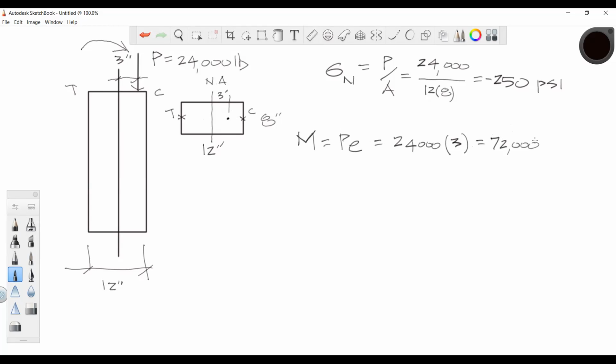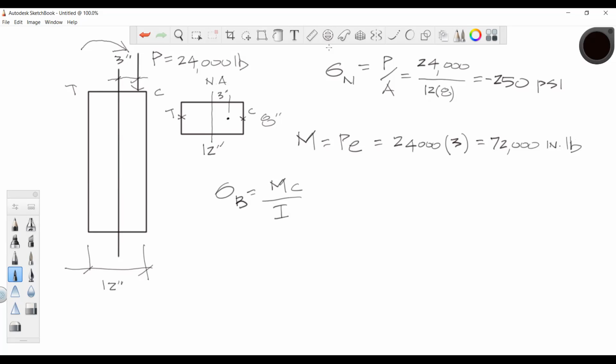And what would the unit be? Inch-pounds. Okay, so the bending stress is equal to MC over I.